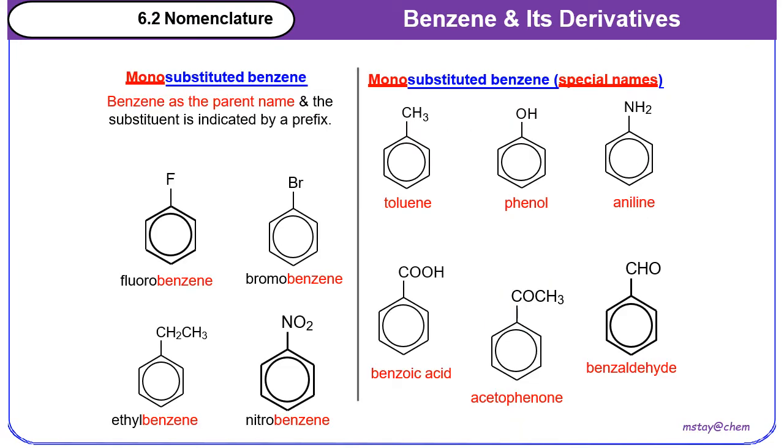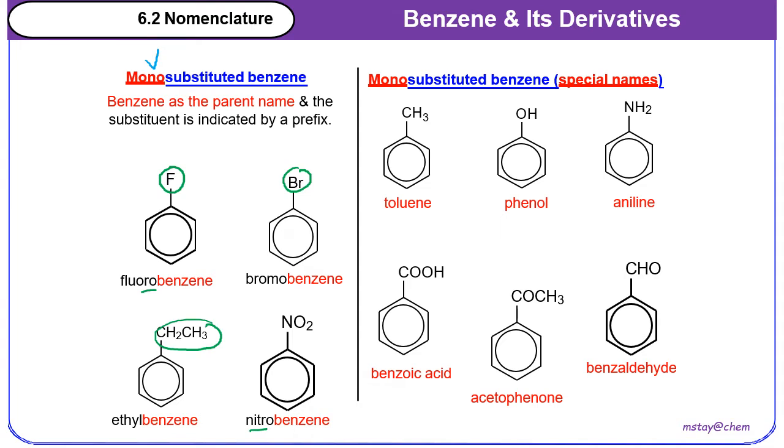Now we look at the first part, mono-substituted benzene. When we mention mono-substituted, it means that there is only one substituent. So fluorine will use fluoro, bromine will become bromo, CH2CH3 is ethyl, and NO2 is known as nitro.